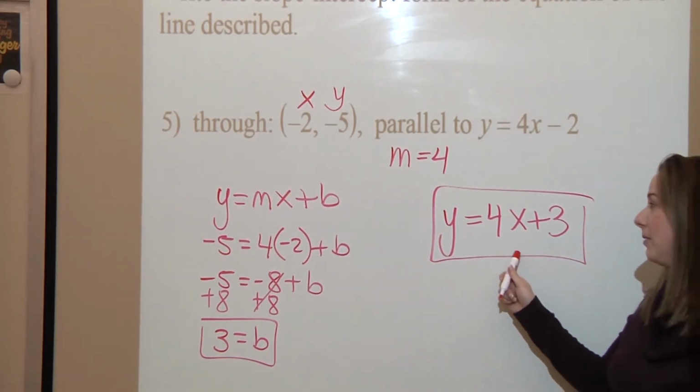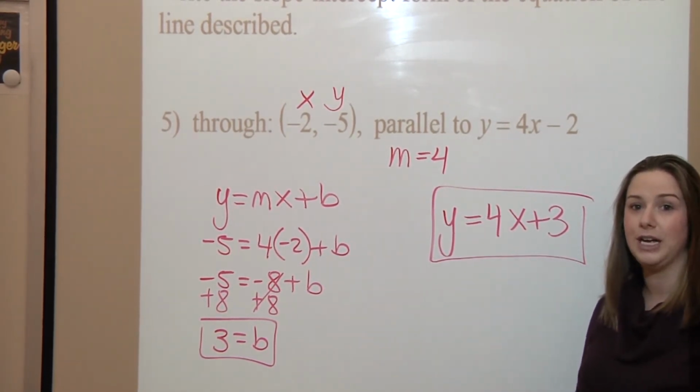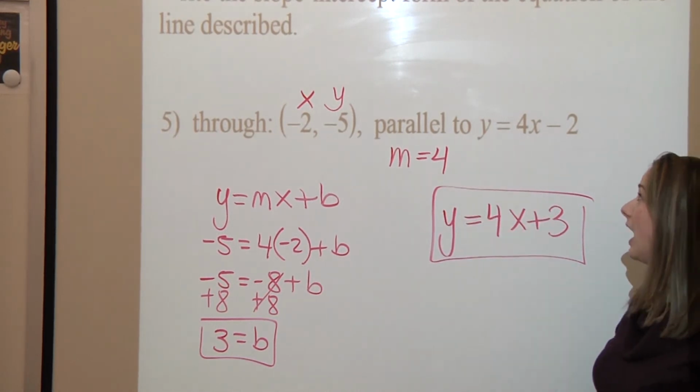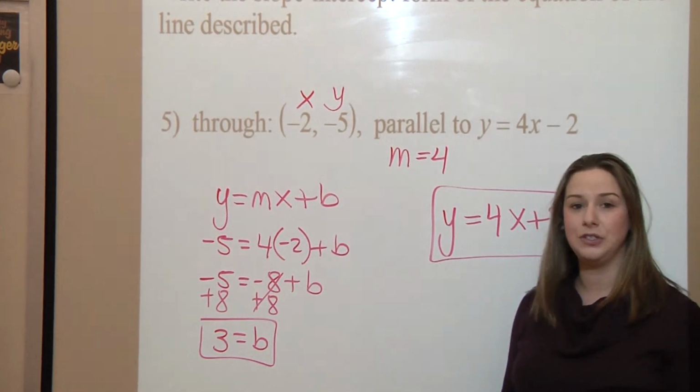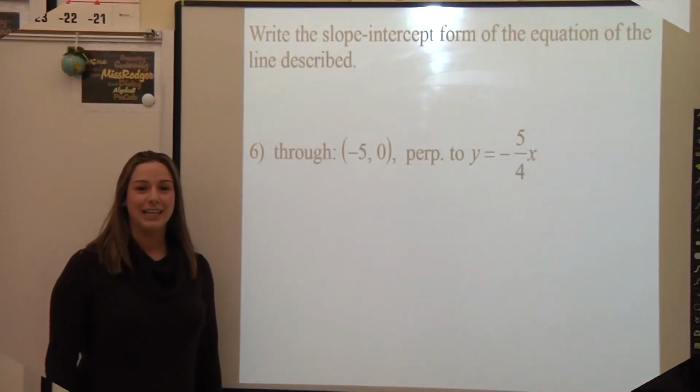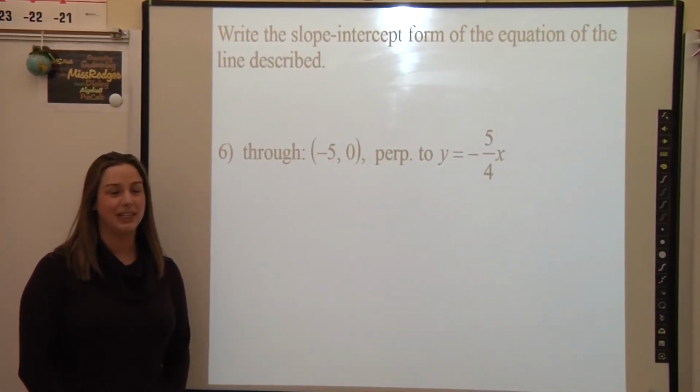Slope-intercept form for this problem is y equals 4x plus 3. This is going to be parallel to the line y equals 4x minus 2, and it goes through the point -2, -5.